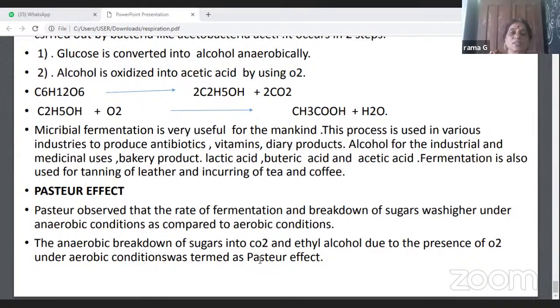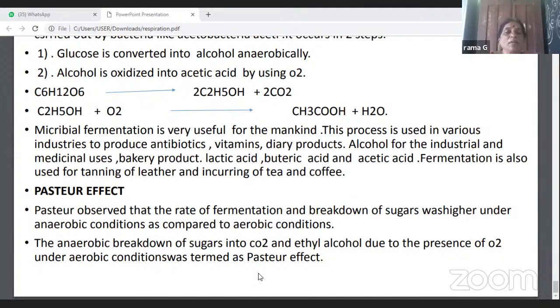The sugars undergo the fermentation process. That means the breakdown of sugars takes place and releases higher amounts of energy when compared with aerobic conditions. The respiratory substrate is the same, nothing but sugars, and under anaerobic conditions these sugars release a higher amount of energy than under aerobic conditions.